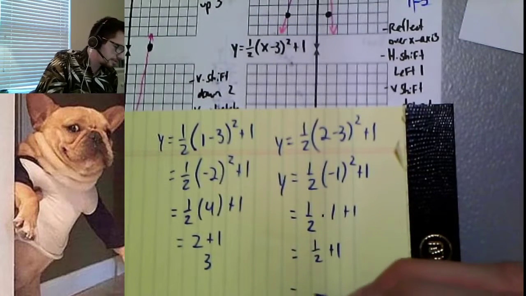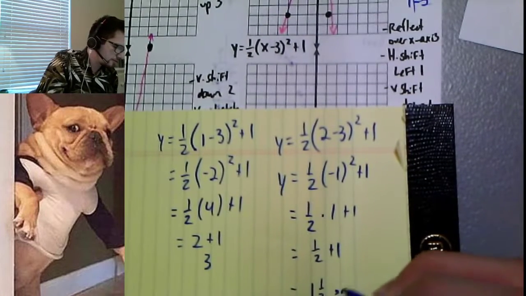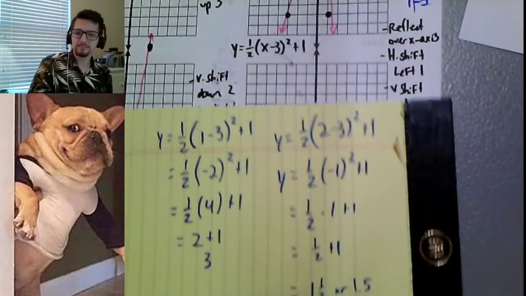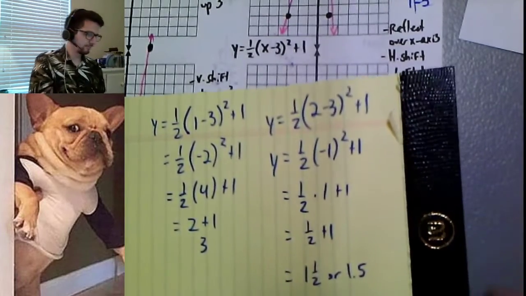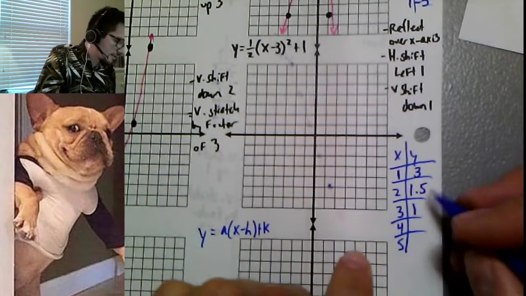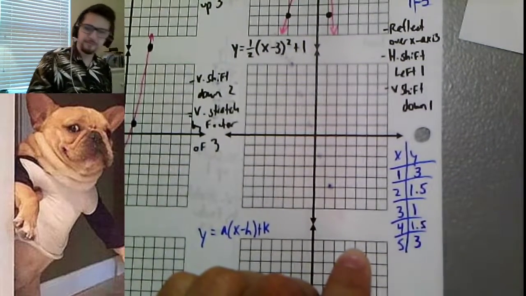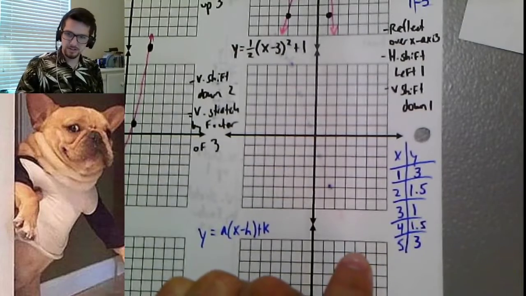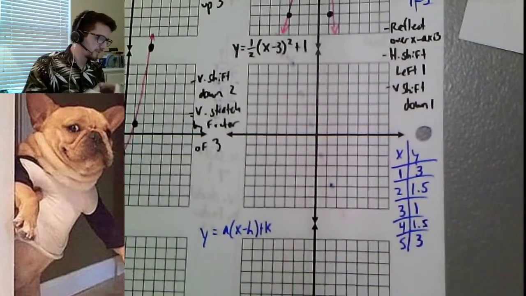I end up with, you can write it as 1.5 or 1 and 1/2. Cool. I'm going to write 1.5 to save space. This is symmetrical, so I can just copy the numbers around. So let's graph these suckers.